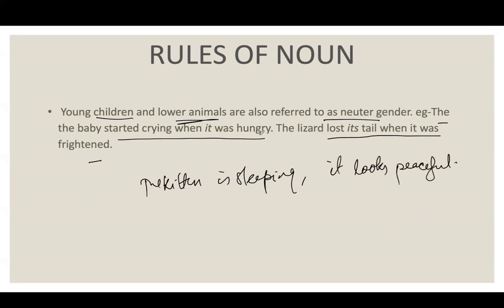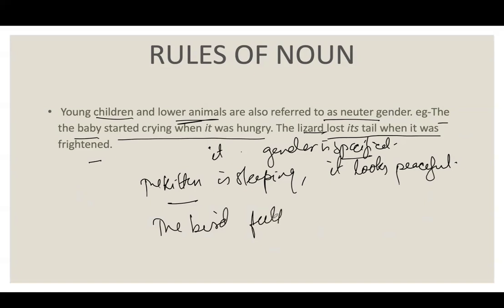Do you see how baby, lizard, small animals, kitten are referred to as it unless the gender is specified? Then that becomes a separate case. I can also say the bird fell from the tree and broke its wing.